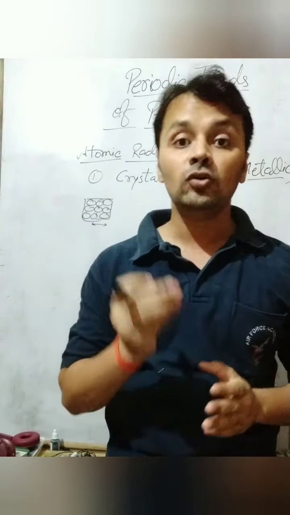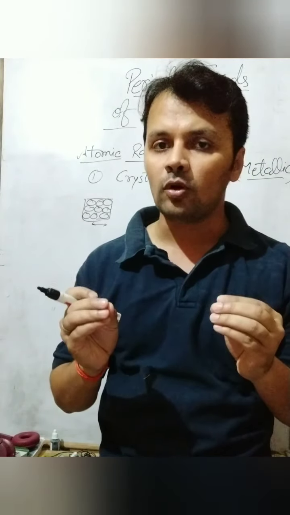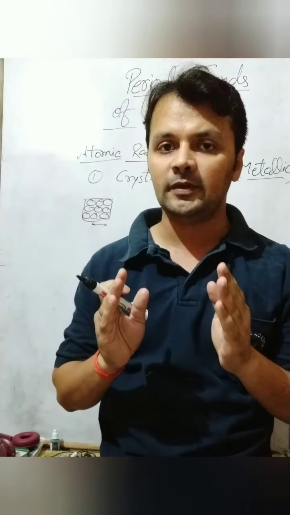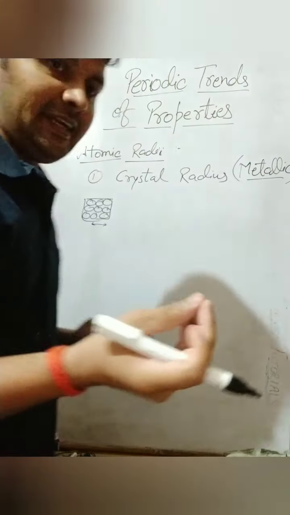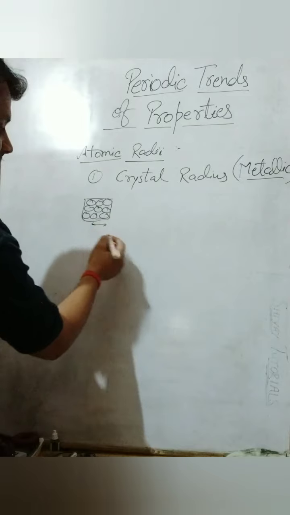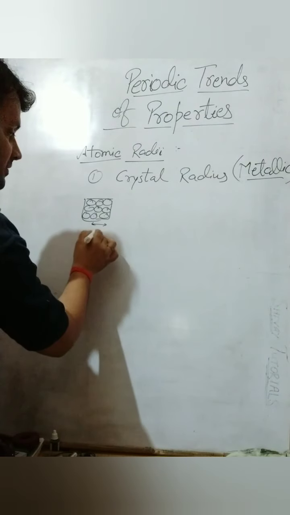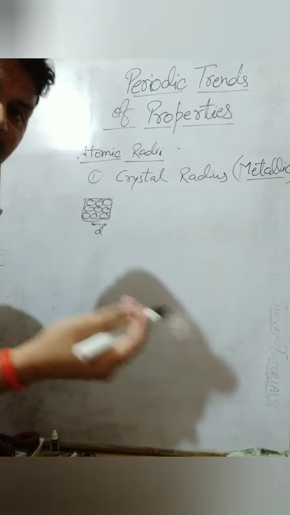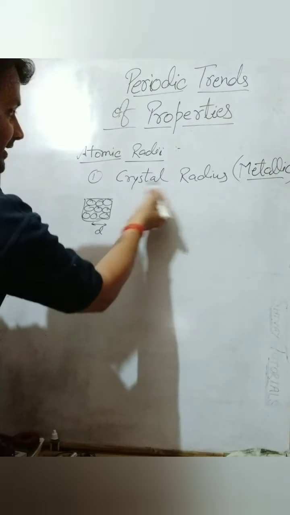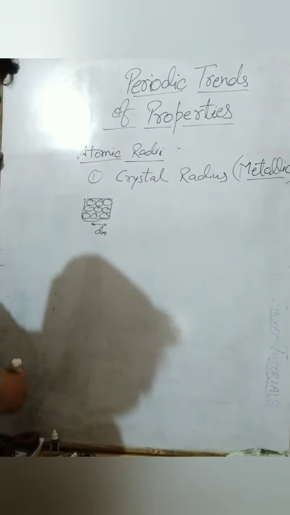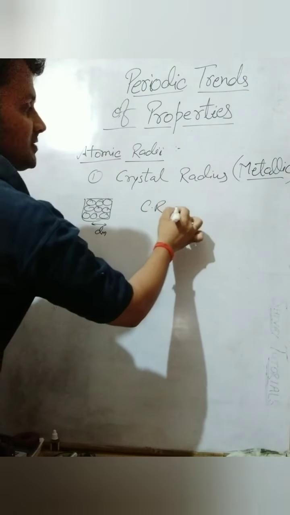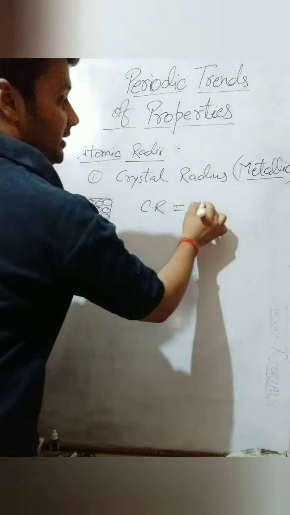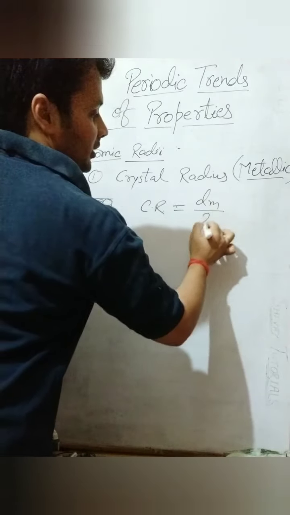But if we take two atoms, then the distance will be a little bit more. So it is easy to calculate the distance between the nuclei of two atoms, means the centers also we can say. So if we consider this distance as small d, or small dm, because it is metallic radius or crystal radius, the crystal radius will be equal to dm upon 2.